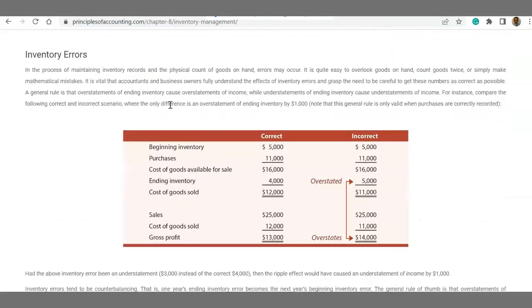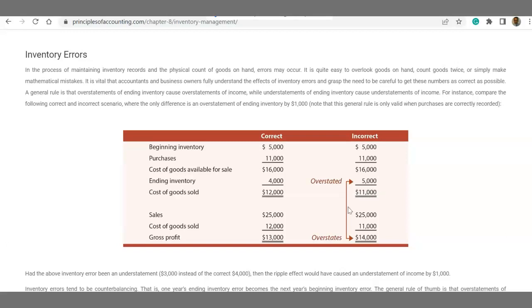And here we are talking about inventory errors, which is overstating and understating your ending inventory. It starts with calculating ending inventory wrongfully. If you overstate your ending inventory, that means your cost of goods sold will be understated.